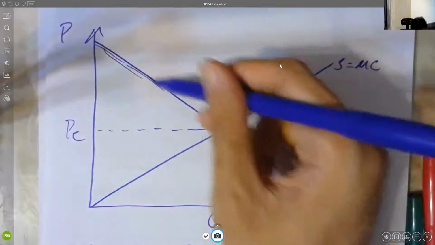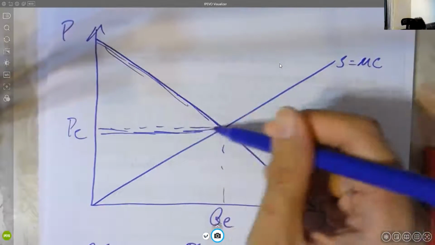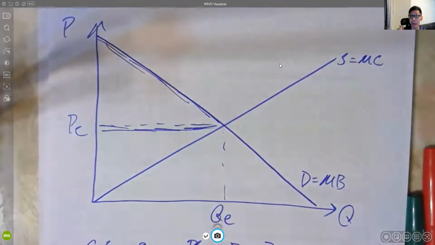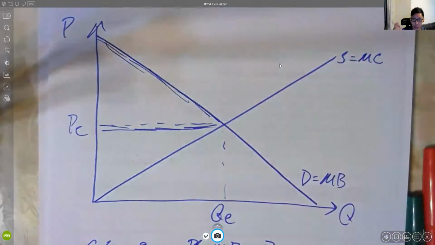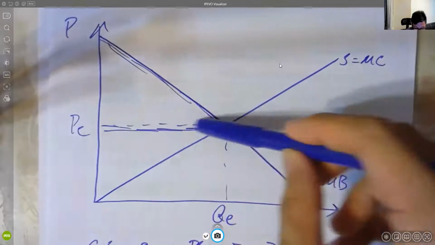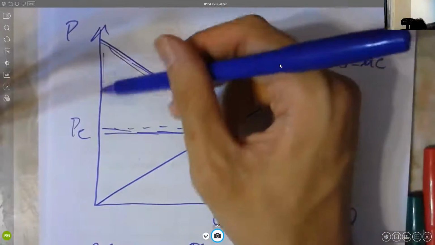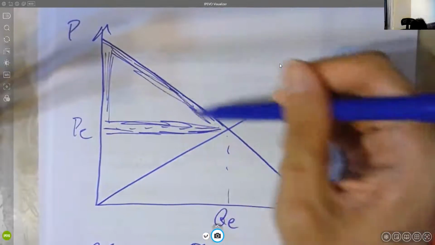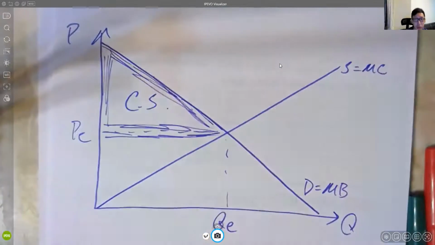This is the MB curve, while this is our price. The difference between them, what is the difference? It would be the distance between the two curves. So it gets all the way until the quantity transacted. Now, therefore, this triangle would be our consumer surplus.